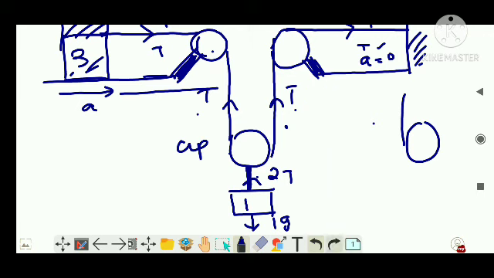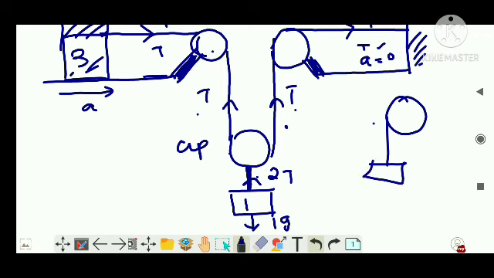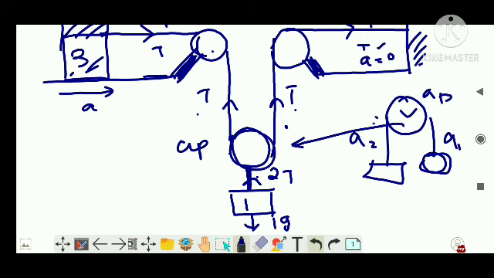If you don't remember, we had a pulley with two legs and two masses, and this is acceleration A1. Let's say this is A2, and we said the acceleration of the pulley will be (A1 plus A2) by 2. Now this pulley has been inverted. This is that same pulley, and these two legs are extended to here. So I can just talk about these two extended legs.